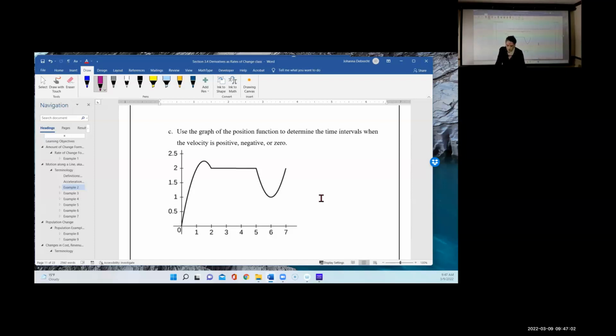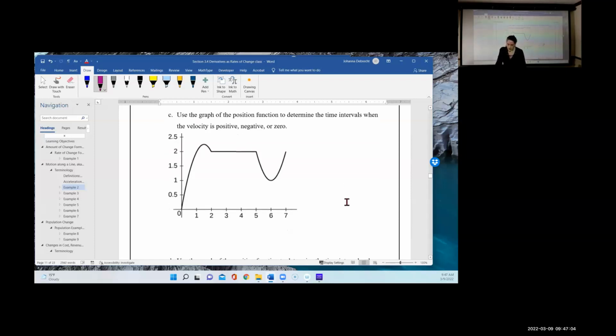Now we want to figure out the time intervals when the velocity is positive, negative, and 0. When the velocity is positive, then it's headed towards the east. That looks to me like it would be between 0 and, we're going to call that 1.5 maybe.